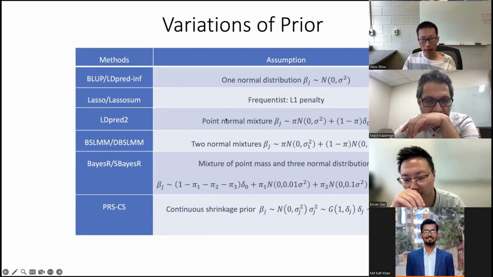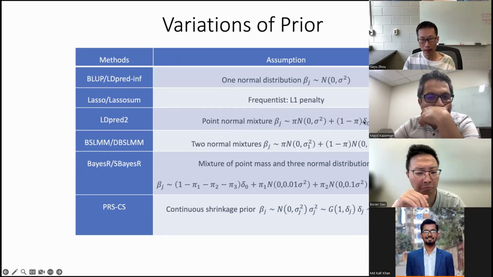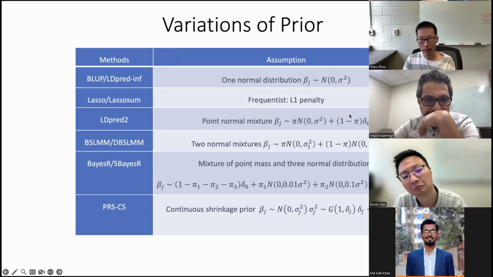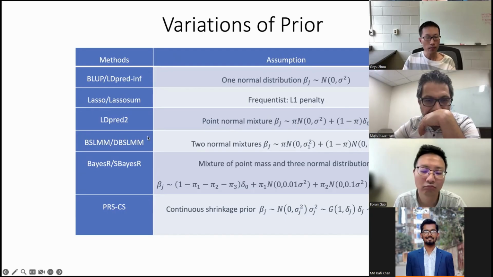LDpred assumes that the beta follows a mixture of a normal distribution with probability pi being non-zero and probability 1 minus pi being zero. So this is also often called a spike-and-slab prior in statistics, which means only a part of SNPs will have non-zero effects.